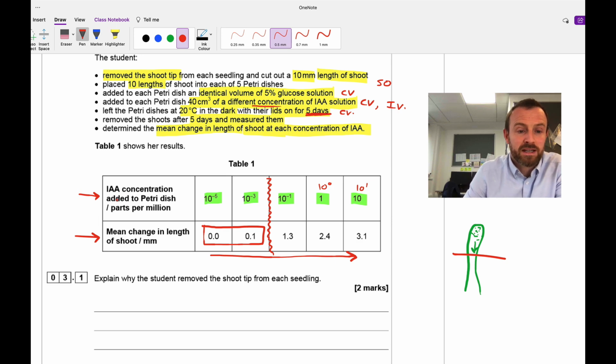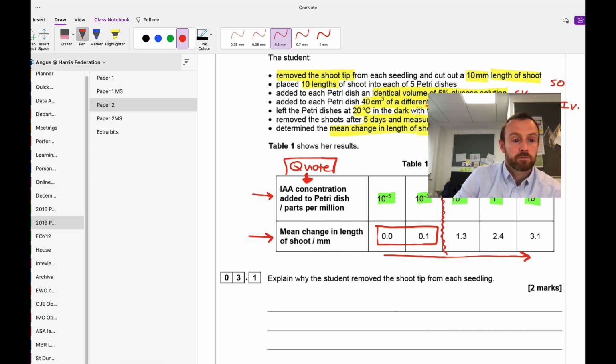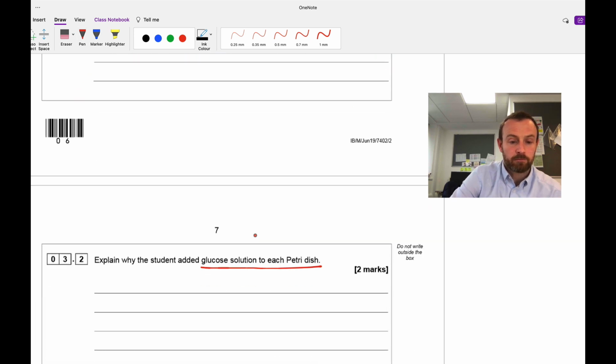So to be safe, you would write something like this: the greater the IAA concentration added to the Petri dish, the greater the mean change in length of the shoot. Okay, quote this stuff. Takeaway point for AQA: got to quote your table headings and axes, and don't abbreviate or shorten, because they'll take marks away. Let's keep going.